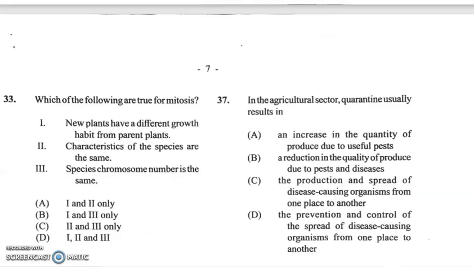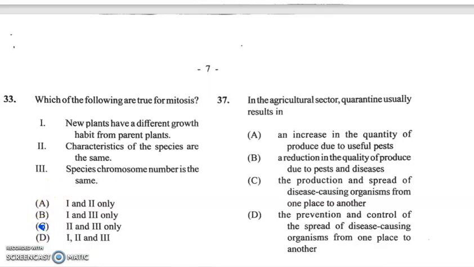Which of the following are true for mitosis? 1. New plants have a different growth habit from parent plants. 2. Characteristics of the species are the same. 3. Species chromosome number is the same. And if your answer for 33 is C, 2 and 3, you are correct.